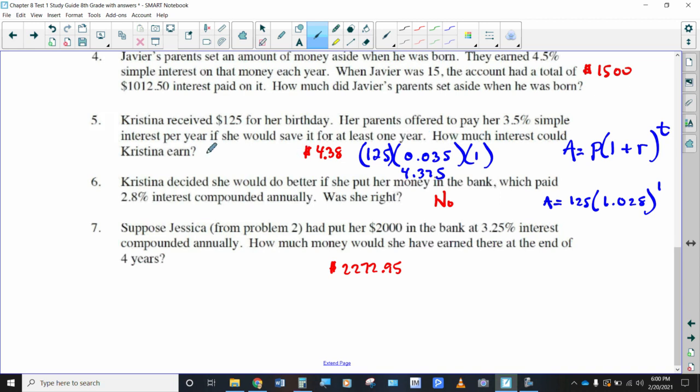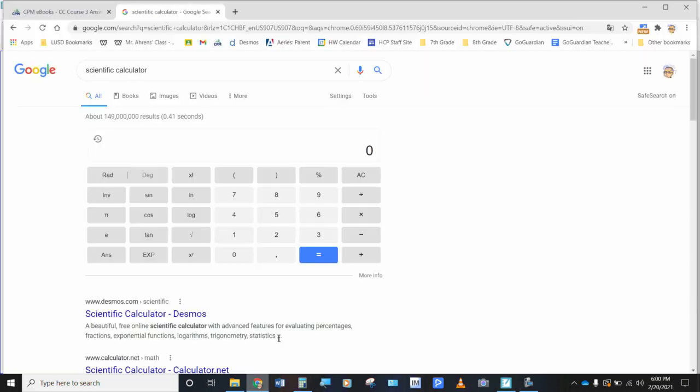If I use my scientific calculator for this, 125 times 1.028, and then you raise that to the power of 1, whatever that is, it's going to stay as 1.028.